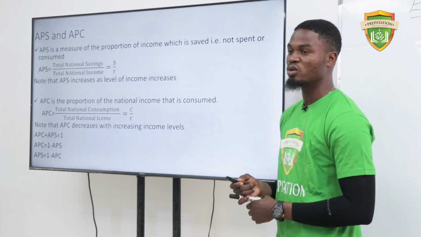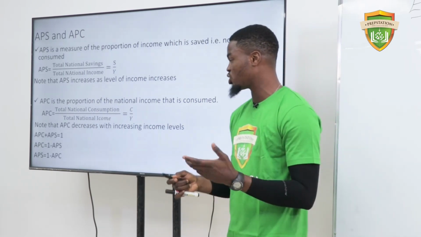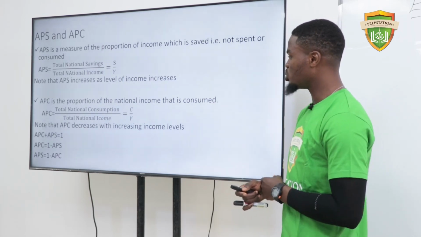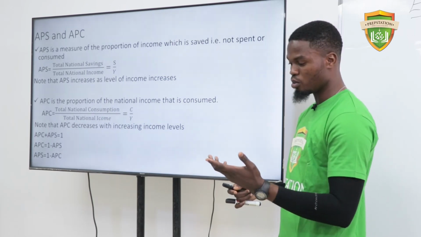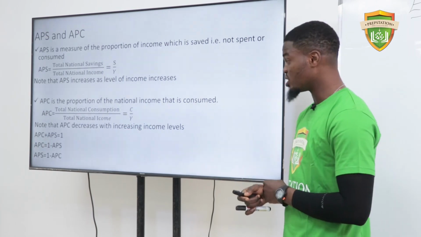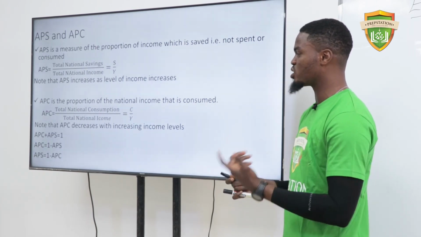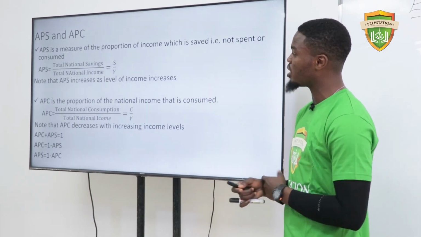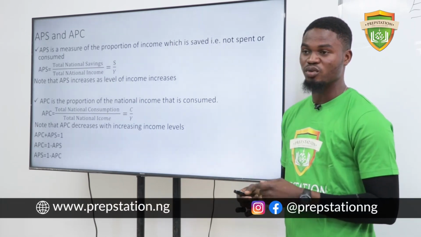You tend to save more when your income increases. Then your APC is the portion of national income that is consumed. APC decreases with the increasing level of income, that is, you tend to save more when you earn more income. And the sum total, the addition of your APS and your APC, will give you 1.